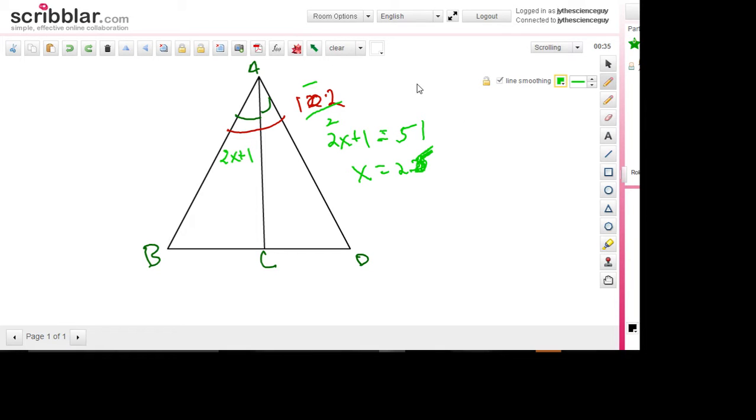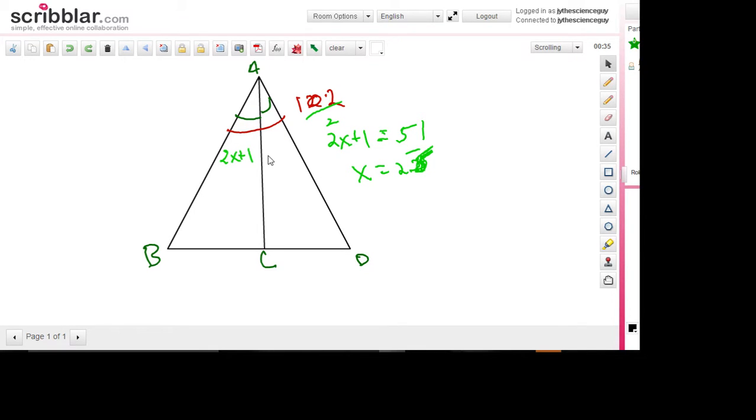And then this one's a perpendicular bisector. Okay. So I am going to just get rid of some of this stuff. It's not going to let me.